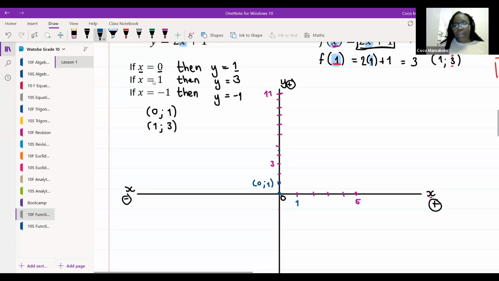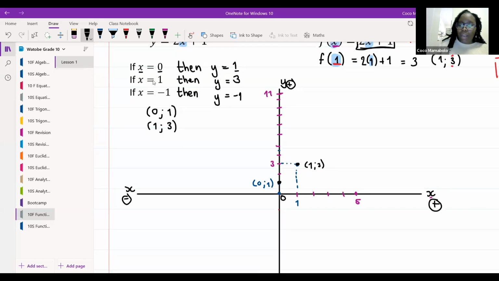And I'm going to make them meet. Then what I'm going to do is pick up a ruler and put part of my ruler on the point 0, 1, and the other part of my ruler on 1, 3.